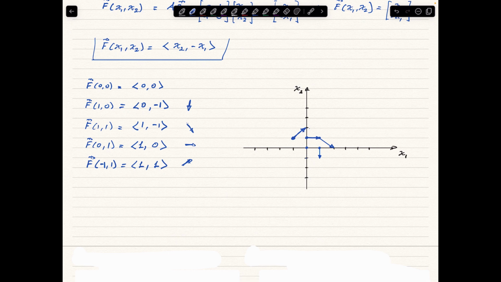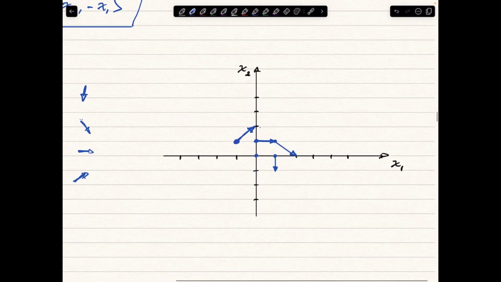So what else? We can keep going like this, and if you keep giving values for x1 and x2, you're going to end up, for example, with a vector like this here, a vector like this here. Here a vector longer like this, and here component 3 like this.